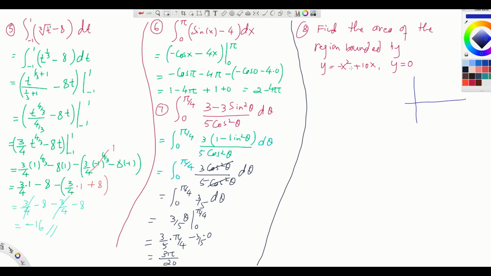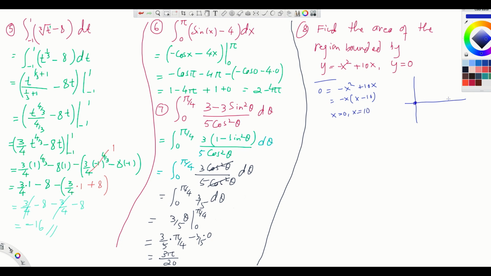How do I find the x-intercept? You set y equals 0, so negative x squared plus 10x equals 0. How do I solve it? You take negative x out, you get x minus 10, right? If you solve this, you'll get x equals 0 and x equals 10. So these are the x-intercepts.